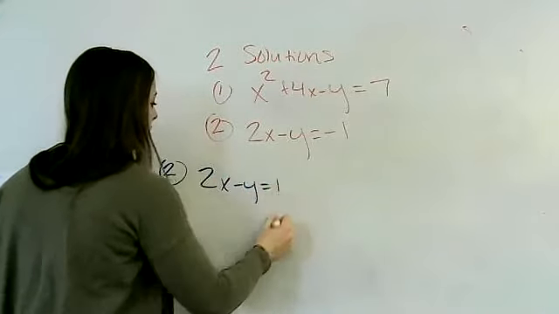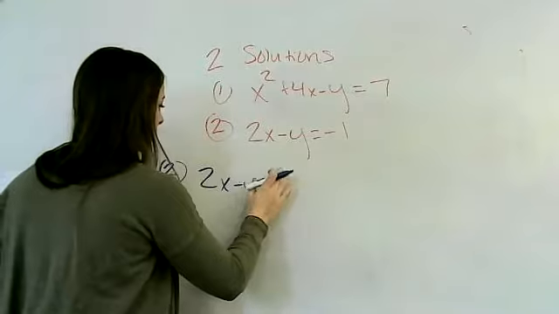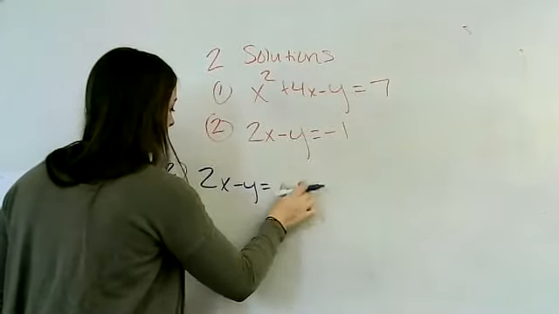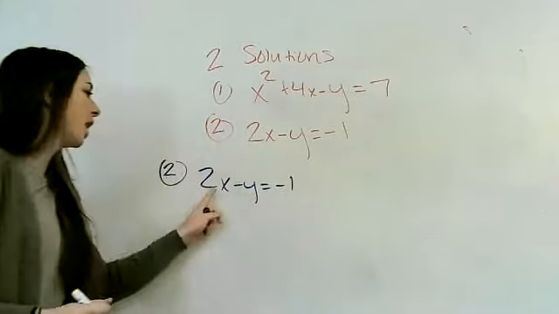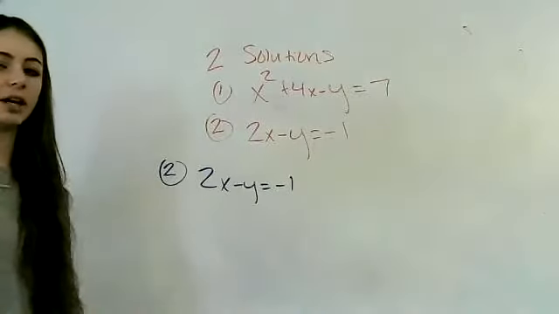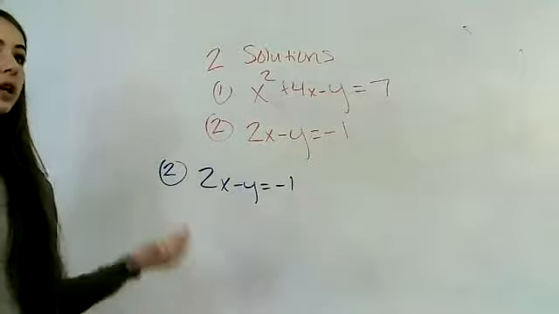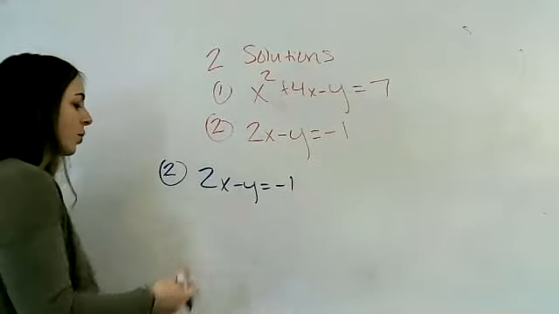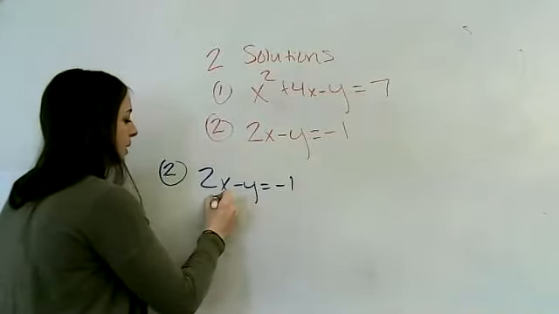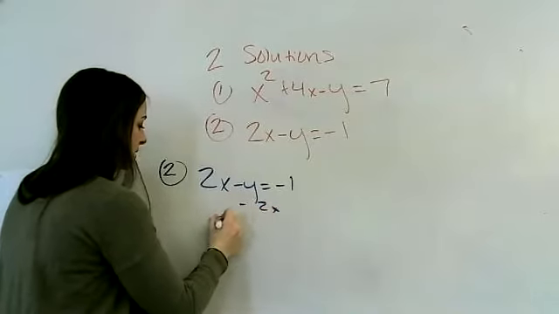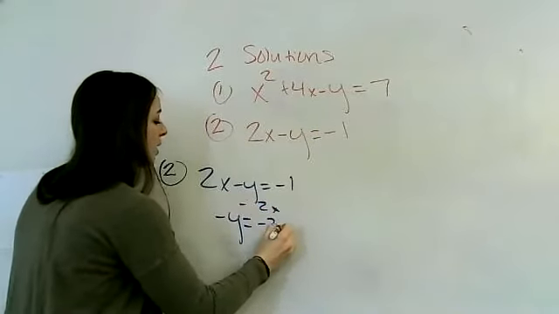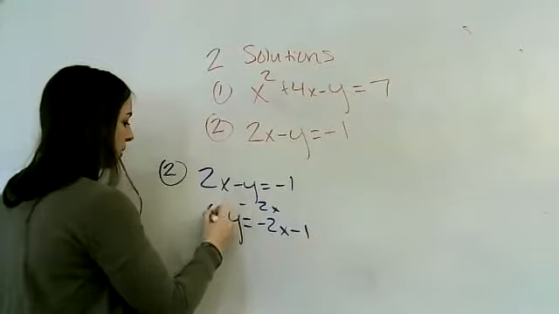Now I have to decide which variable specifically I want to work with. I could isolate the x, but then I'm going to be dividing a whole thing by 2, so I'm going to have a fraction that's going to be even worse, and I really don't want that. So I'm going to isolate this y, meaning subtracting 2x to get -y equals -2x minus 1.